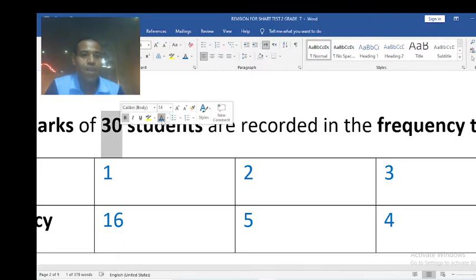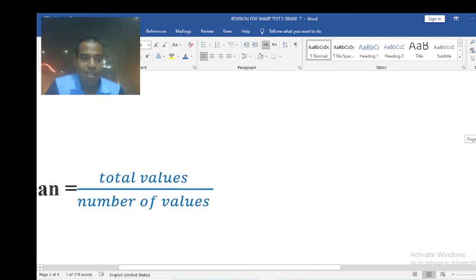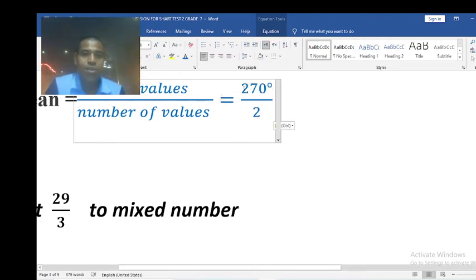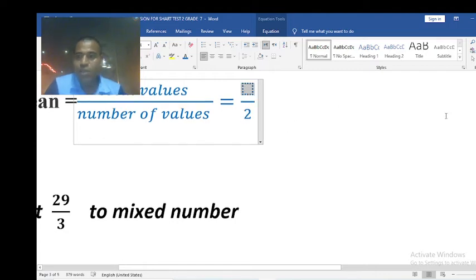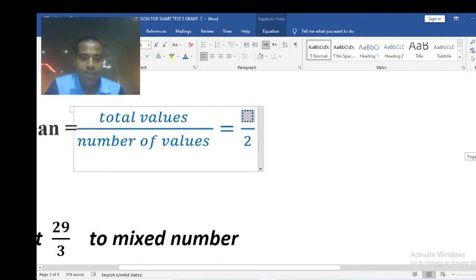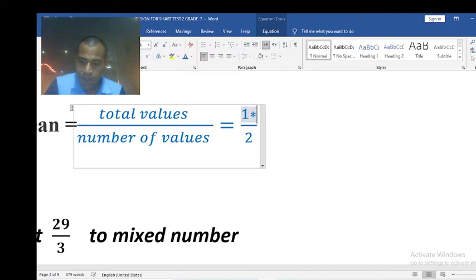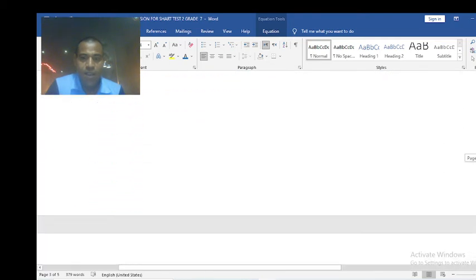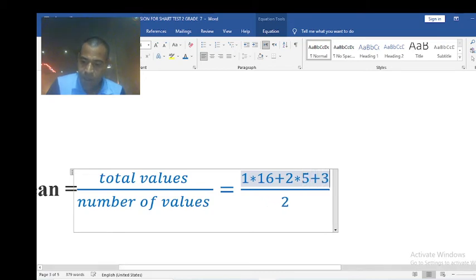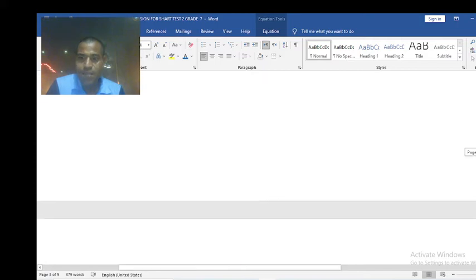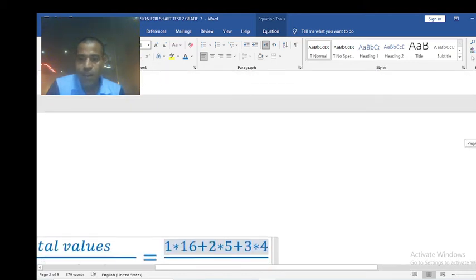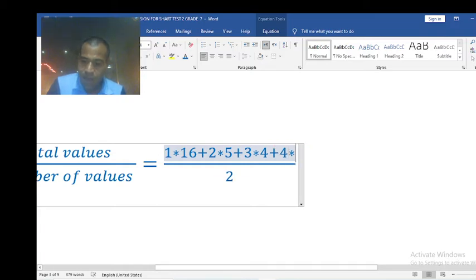Okay, so now I'll make my calculation. It will be equal to 1 multiplied by 16, plus 2 multiplied by 5, plus 3 multiplied by 4, plus 4 multiplied by 5, divided by the total of frequency, which is 30.